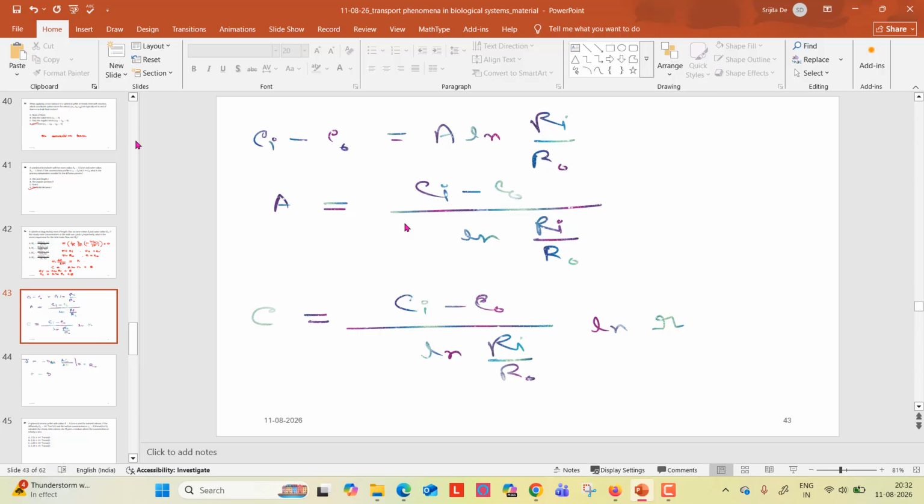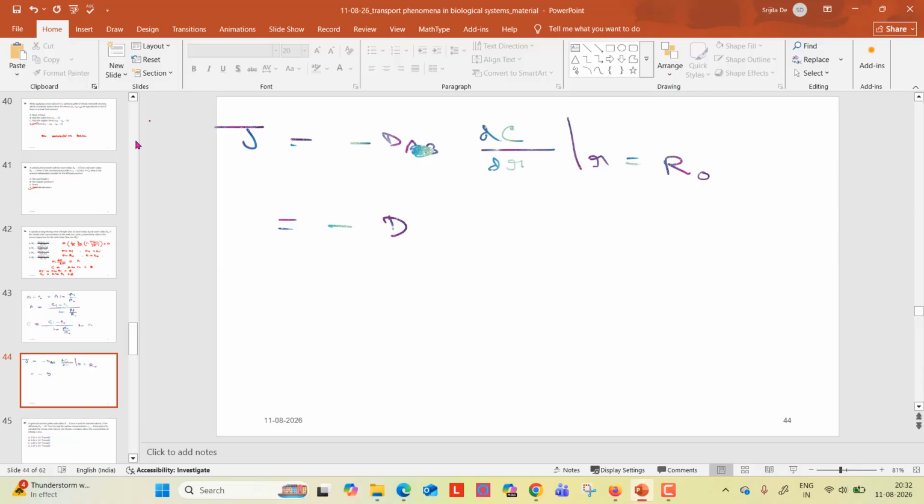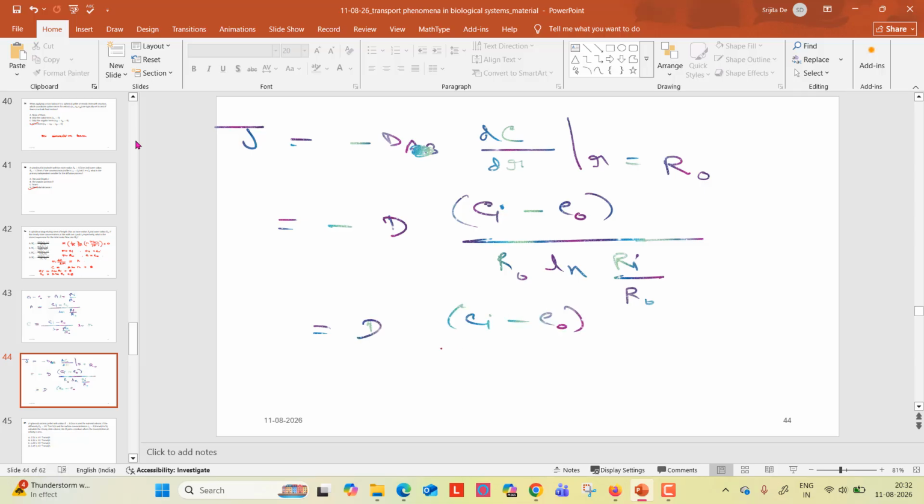So it will be minus D Ci minus Co, 1 by Ro ln Ri by Ro, which is D times Ci minus Co by Ro ln Ro by Ri.